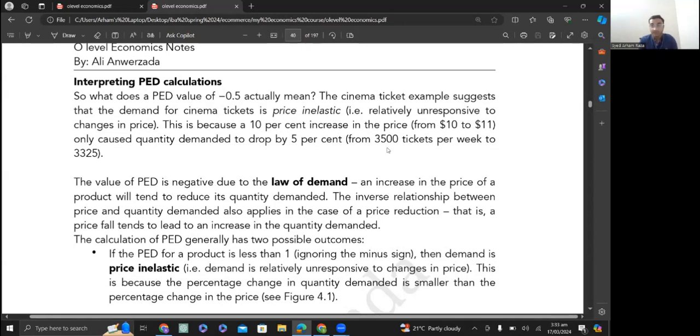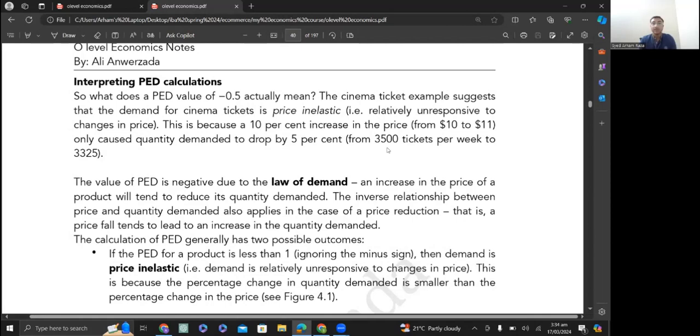Here it's written that the cinema ticket example suggests that the demand for the ticket is price inelastic. Why? When you increase the price by 10%, the quantity demanded falls by 5%, which means that the change in quantity demanded is smaller than the change in price, so the numerator is small and the denominator is larger, which leads to a PED of less than 1.